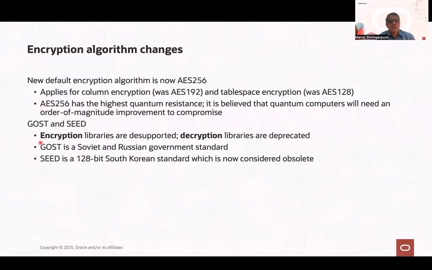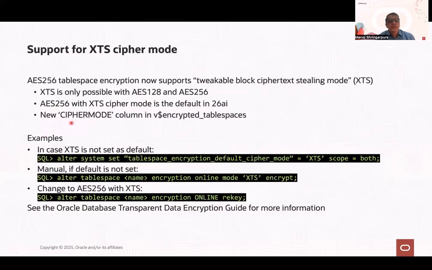A few encryption algorithms which were required with other countries have been de-supported. Another thing which we have done is we have introduced a new encryption mode, XTS, which is more secure than what we're using currently, and this is available in Oracle 26 AI.